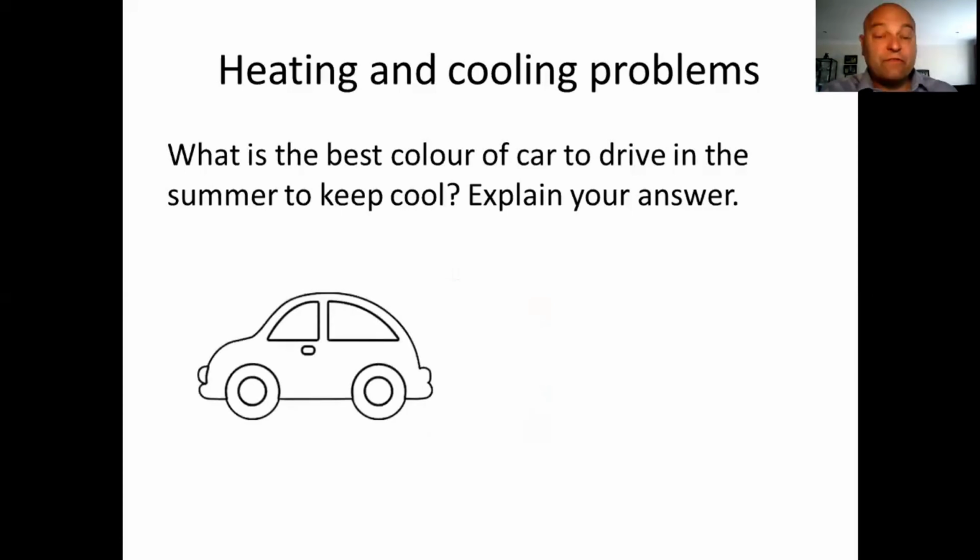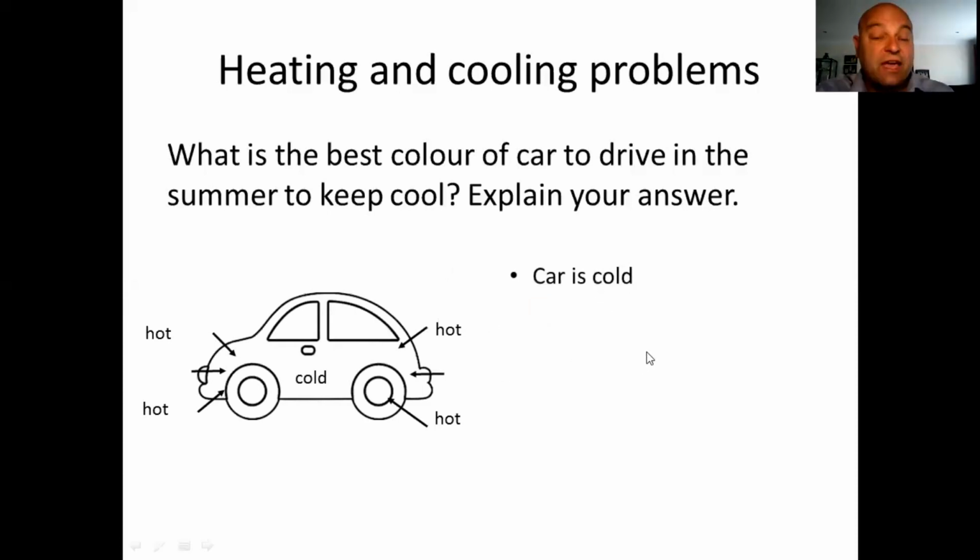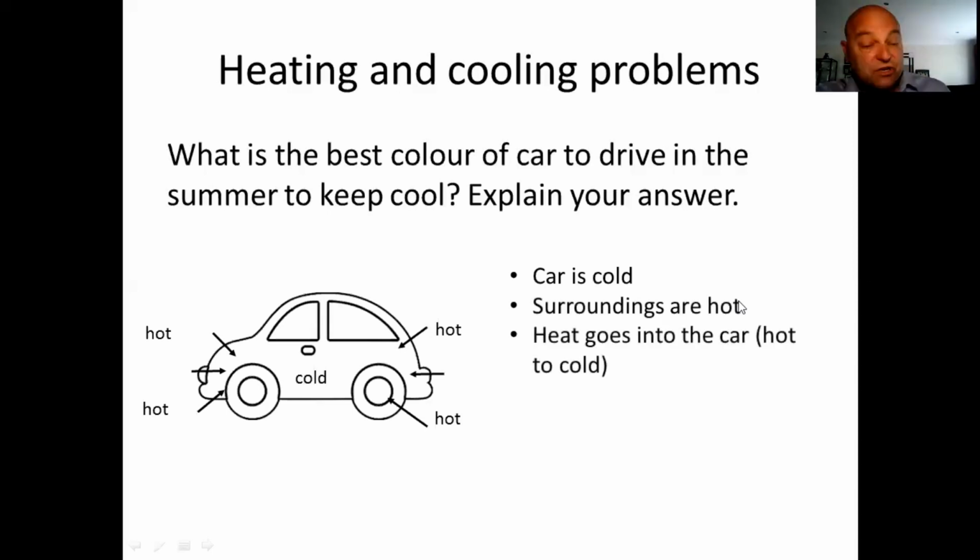Start off with a diagram of a car. You should have identified that the car is cold on the inside on a hot summer's day and it is hot on the outside. You should have noticed that the heat energy is going from hot to cold, so it is going into the car. You should have written something along the lines of the inside of the car is cold, the surroundings are hot, heat goes into the car because it goes from hot to cold.